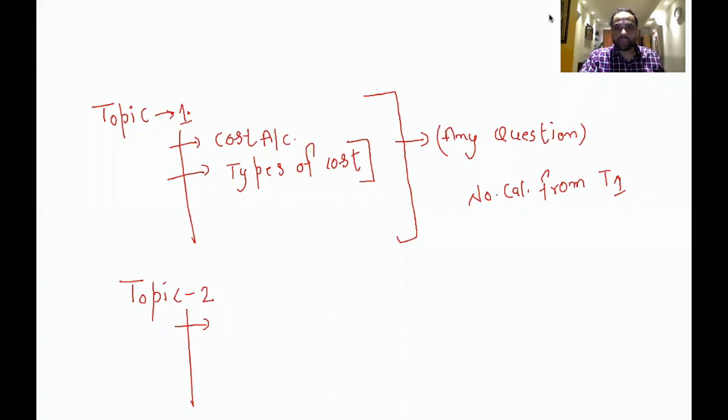So if no questions, then we move on to topic 2. So let's start with topic 2. Your topic 2 is accounting for material, right? Topic 2 is accounting for material.